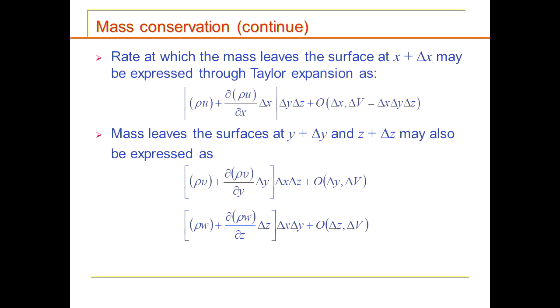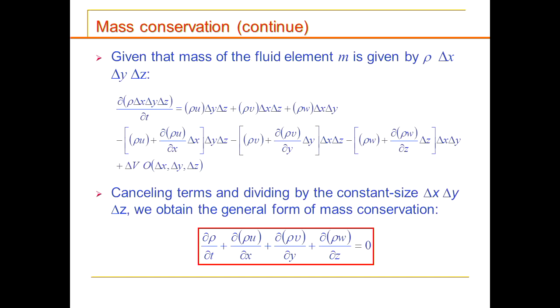And if we break down the mass term here, you will have rho times volume, rho dV. Since both sides have dV, we can take it off as well.